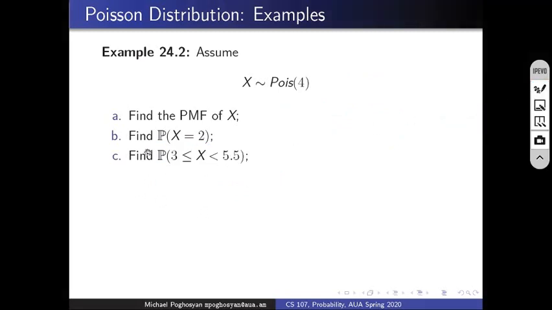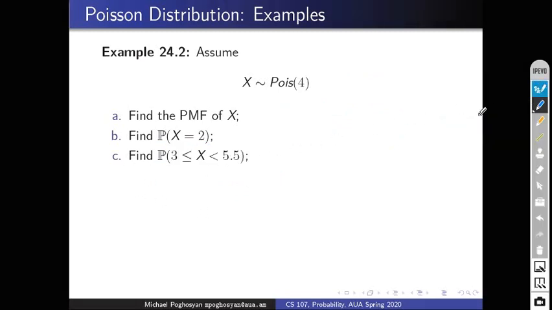So the next is to calculate the probability that x will take values between 3, including 3, and 5.5.